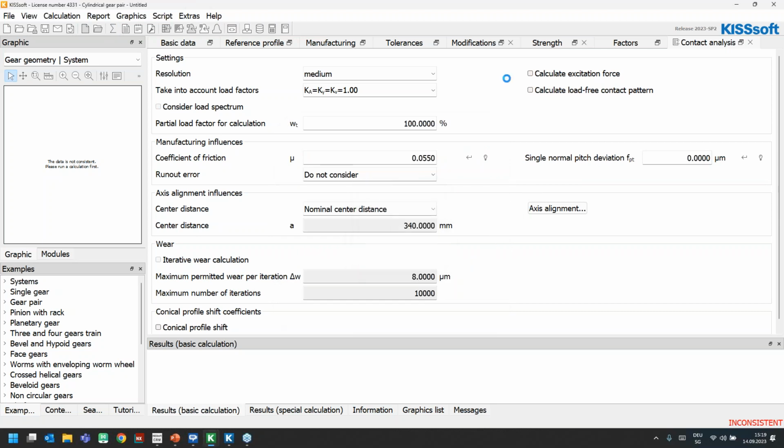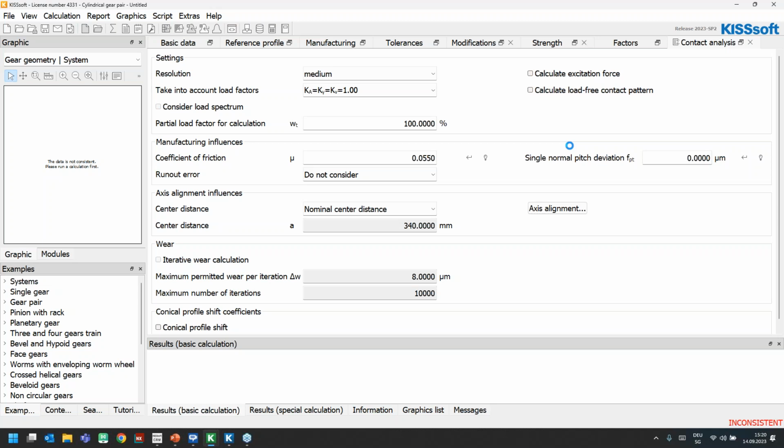So this calculation will take a little bit of time. And meanwhile, I will talk a little bit about what effects can be considered in this whole calculation. On one hand, you have seen we model the shafts, and there it is important to consider non-linear bearing stiffness. If it is not considered, the bearings are considered as infinitely stiff, which obviously in real life is probably not the case.